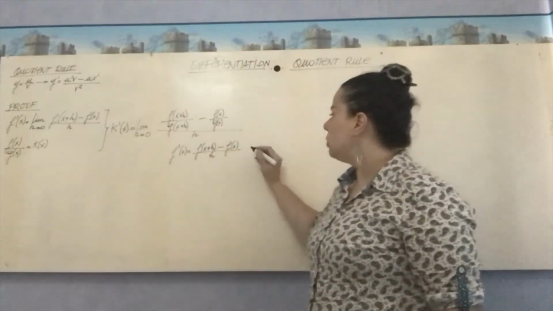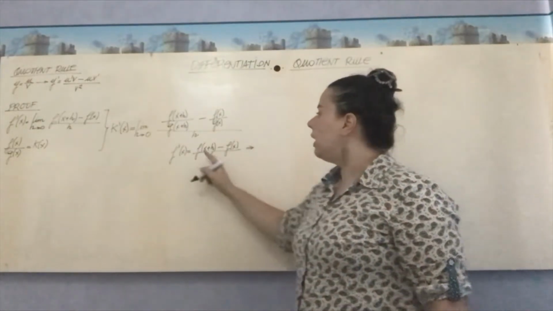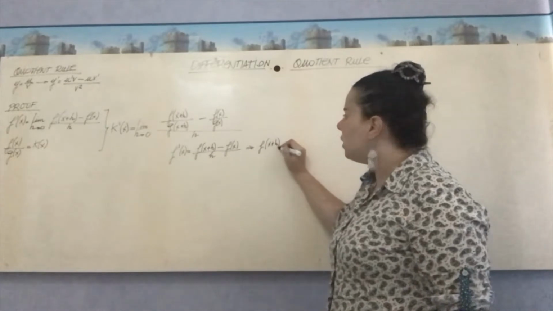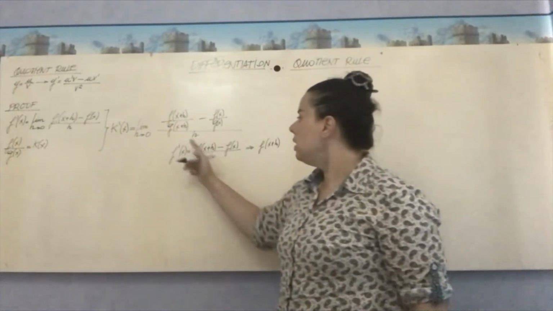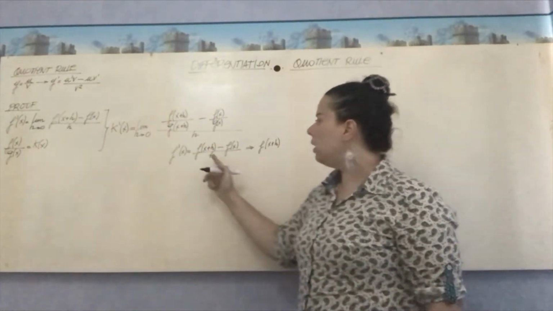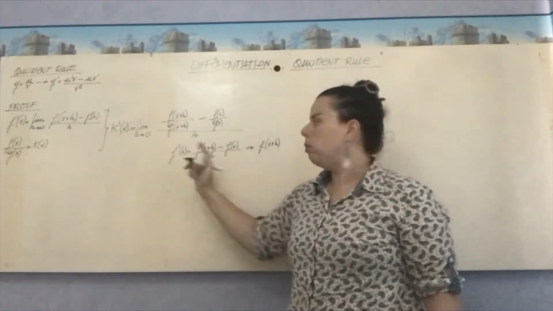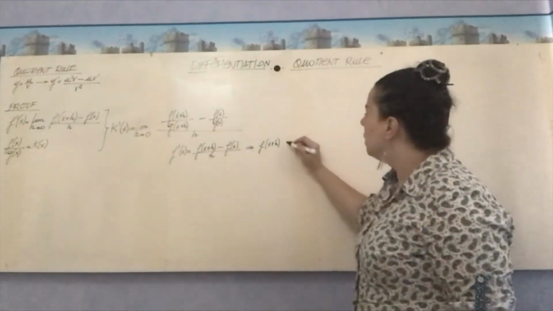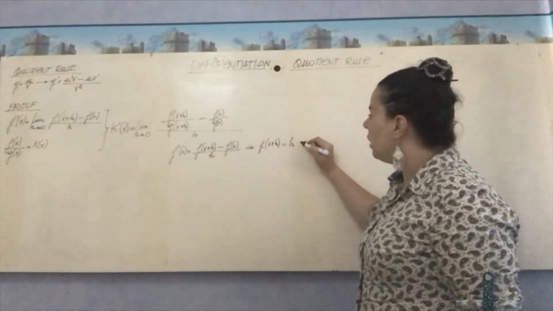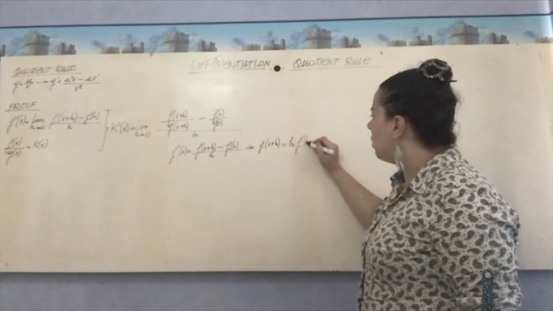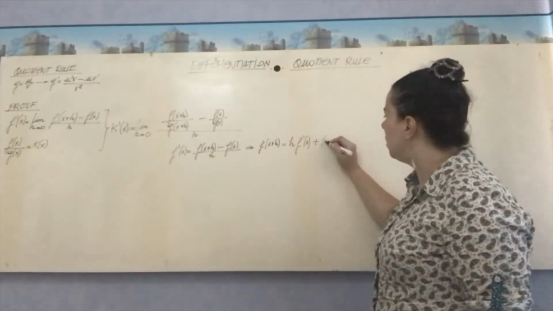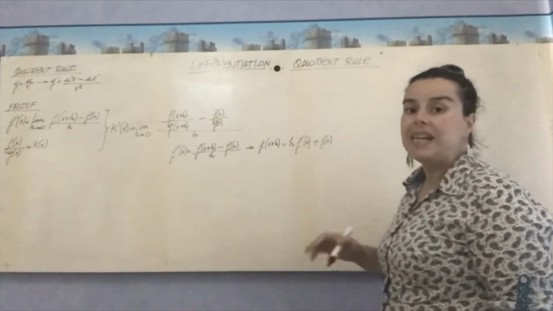If this is true, which it is, then I could leave f of x plus h alone. How could I do that? I would have to cross multiply here, that h would pass multiplying, and then this minus term would pass adding. So I would end with h f prime of x plus, because it passes adding, f of x.